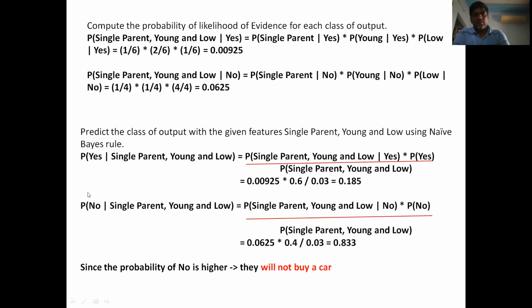So because the probability of no is more compared to probability of yes, the prediction is they will not buy the car. They will not be able to buy the car with the given input features, single parent, young and low, right? So that is how you solve the pattern classification problems with naive-Bayes classifier.